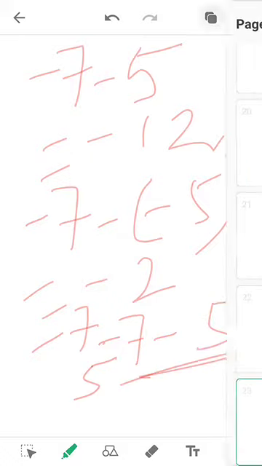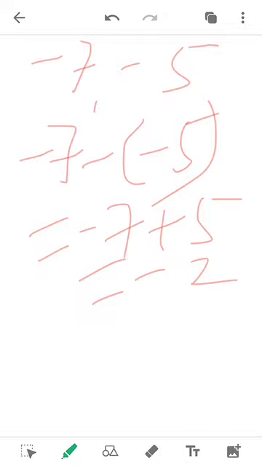But if we take minus 7 and minus 5, then it did not get subtracted properly. Like minus 7 minus minus 5 is equal to minus 7 plus 5 is equal to minus 2. That is not correct.